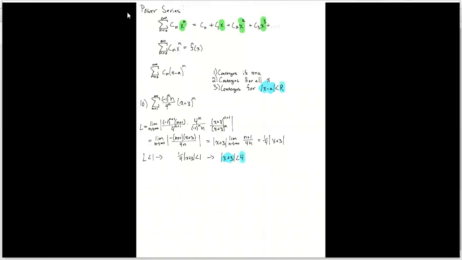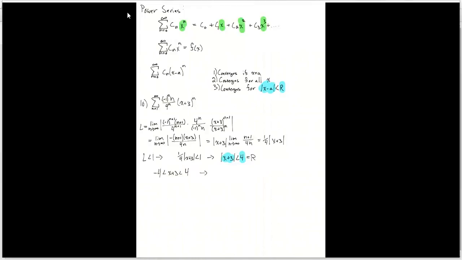So our radius of convergence is 4. And our power series is centered around -3, right? So for the interval of convergence, this is less than r. So our interval of convergence is -4 less than x plus 3 less than 4, right? We're just dropping the absolute values and including on the opposite side the negative quantity, right? That's still the same statement, right? So now what we do is we just simplify this.